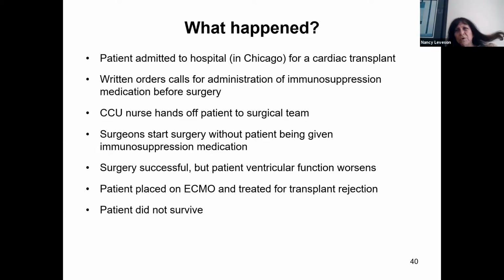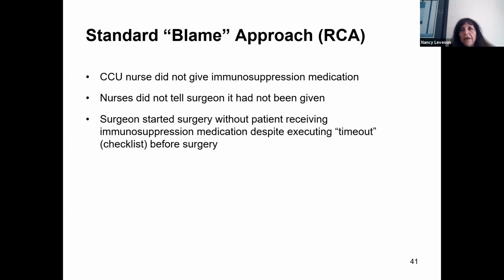That's external respiratory and heart support. Again, we've been reading too much about that because the COVID-19 people who are the most serious are being placed on those. And he was treated for a transplant rejection, but the patient did not survive. Okay, standard blame approach. And this is what the report said.